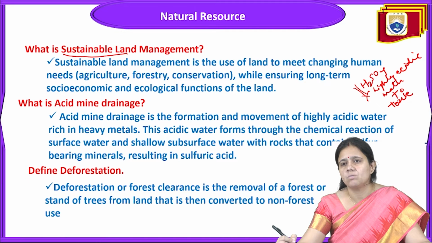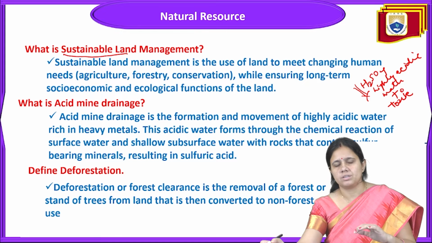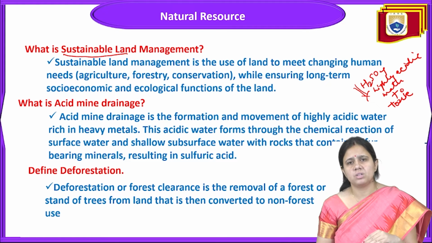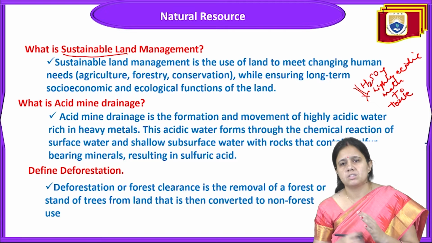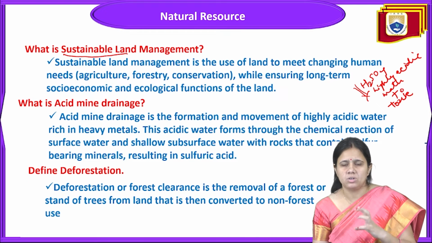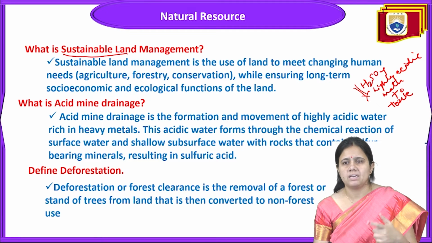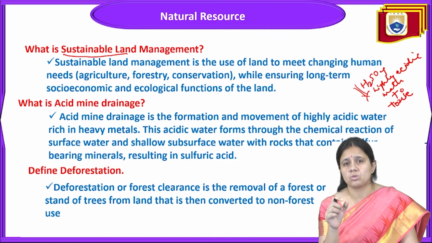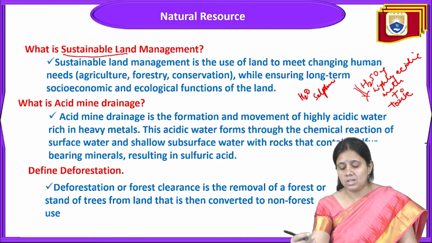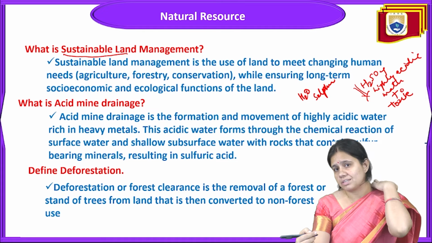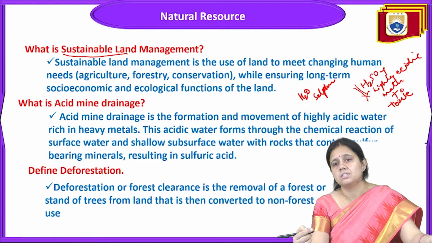This acidic water goes through a chemical reaction with the surface water and some shallow subsurface water, and the sulfur is already present in the rocks. So H2 is there, H2O is there, sulfur is there in the rock, and in the presence of acid, all these will result in sulfuric acid.